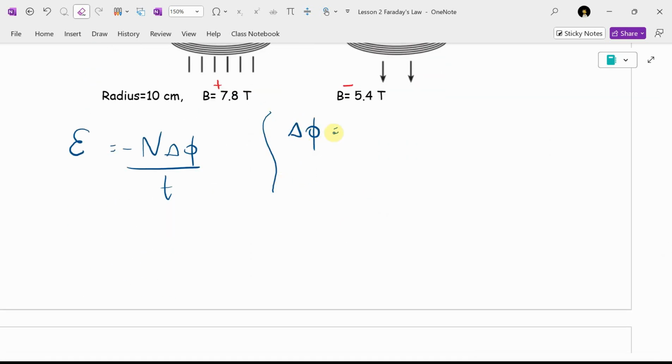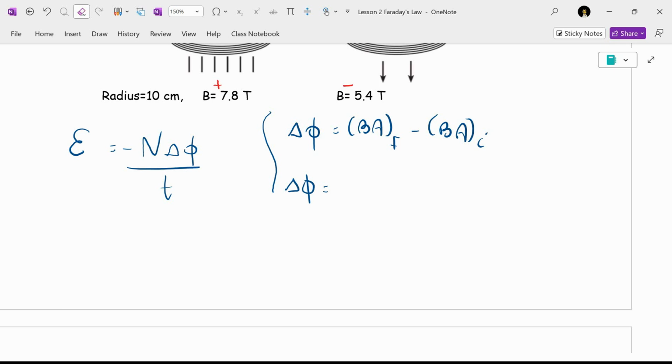Change in flux. What's change in anything? And then what's the equation for flux? So it's going to be BA final minus BA initial. What's changing in this case is the magnetic field, not the area. So let's keep going. The change in flux is going to be, what's my final magnetic field as a number?